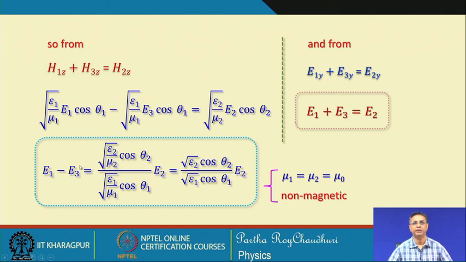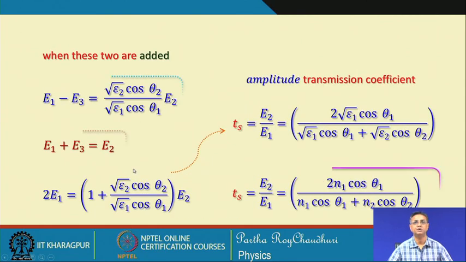Now, we have a pair of equations: E1 minus E3 equal to some quantity times E2, and E1 plus E3 equal to E2. So, we can do some algebraic manipulation to arrive at the connection between E1 and E2 and between E1 and E3. So, let us do that.